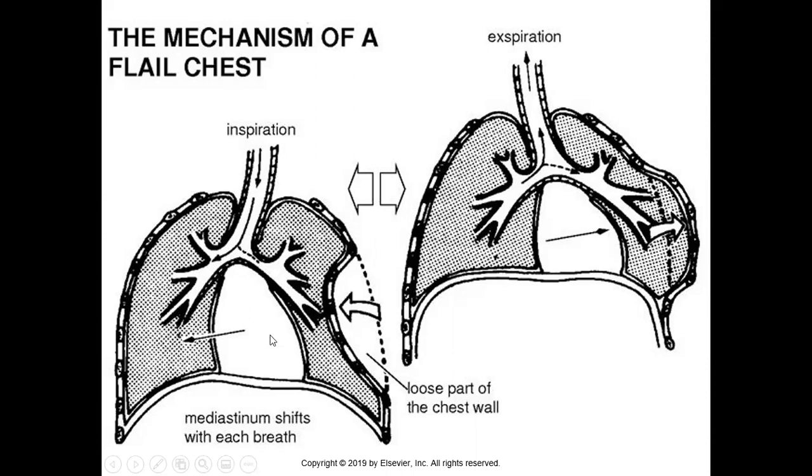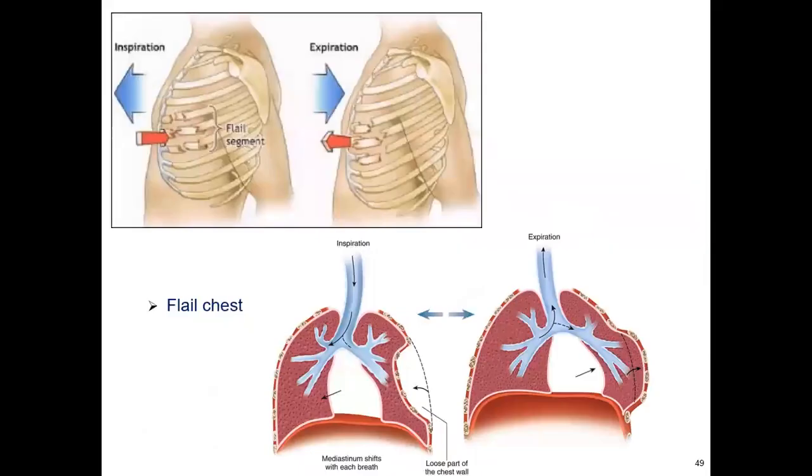During inspiration it goes in the opposite direction, and during expiration the mediastinum also bulges towards the loose side. In the same picture we can see paradoxical respiration and the flail segment, with the mediastinum shifting to the opposite side and bulging to the loose side.